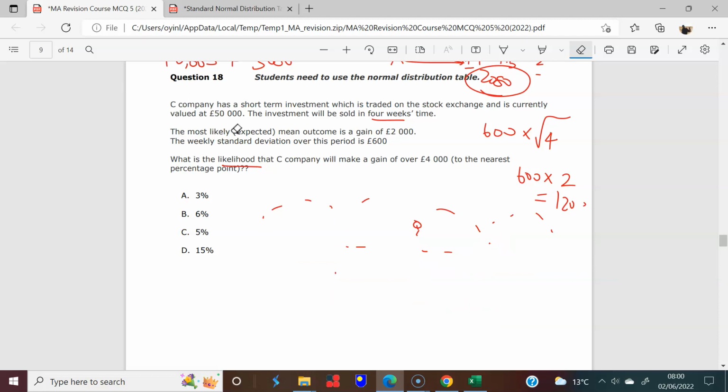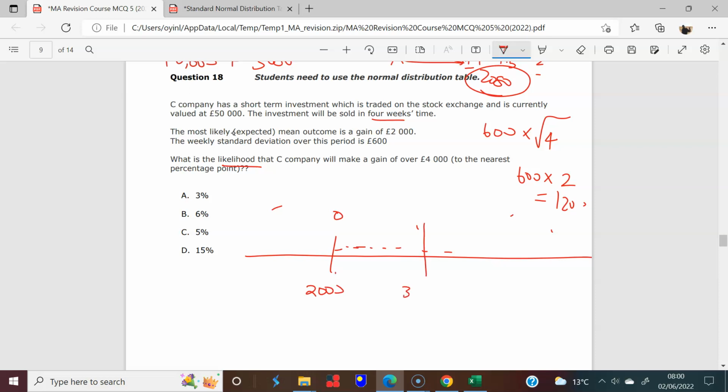Let me focus only on that positive side now. It's just maths. Here I am, Z score 0, 2,000 pounds. When I go from 2,000 to 3,200, this is a Z score of 1. This is a jump of 1,200. When I go another 1,200, I'll be at a Z score of 2.